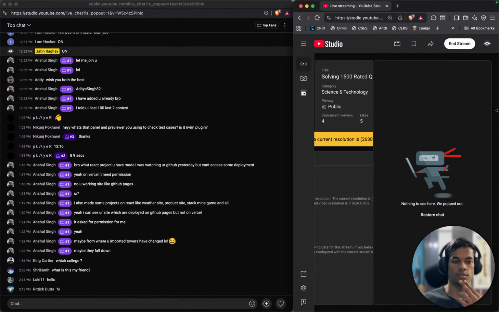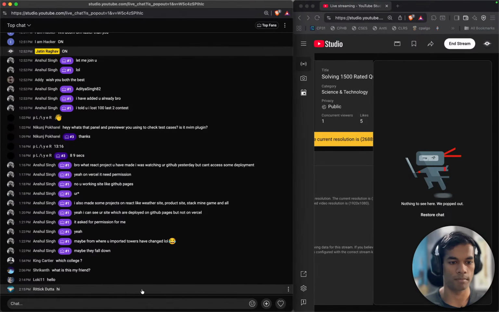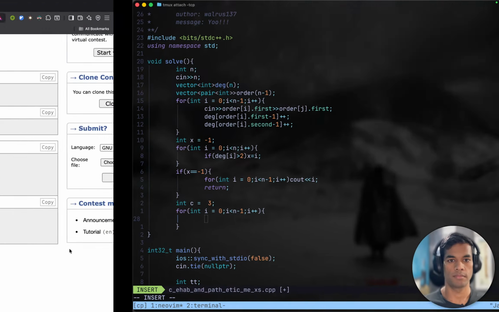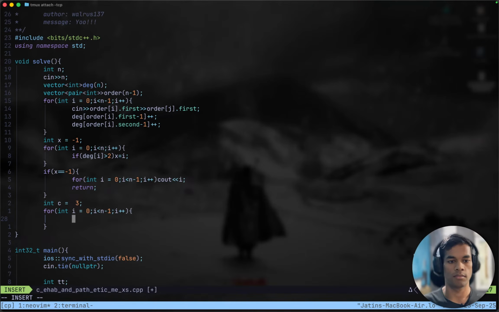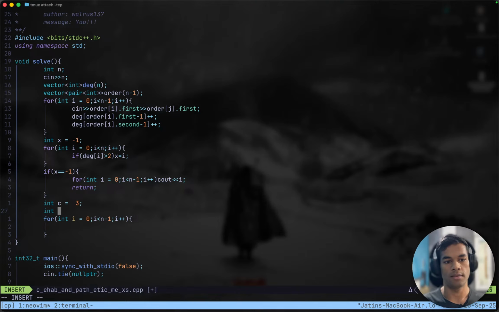Also, since we have x and we also need to see edges, this vertex x has a degree of at least 3.